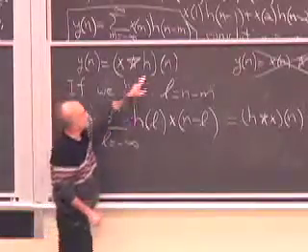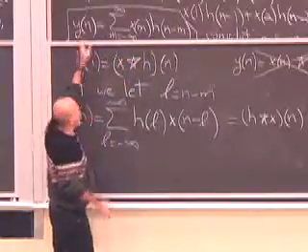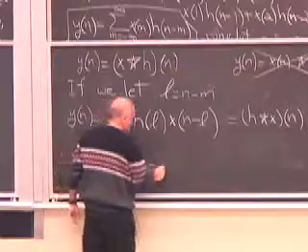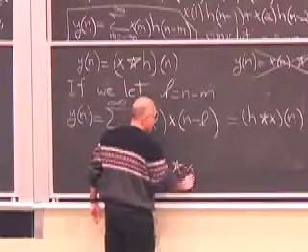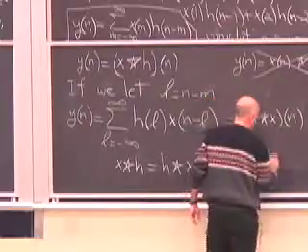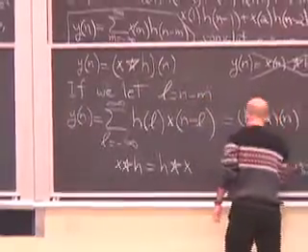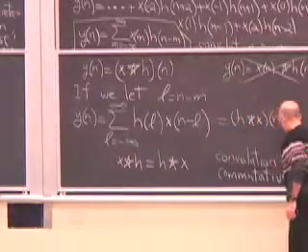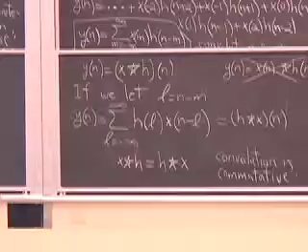So it must be the case then that x star h is equal to h star x, which means convolution is commutative, just like addition, just like multiplication.